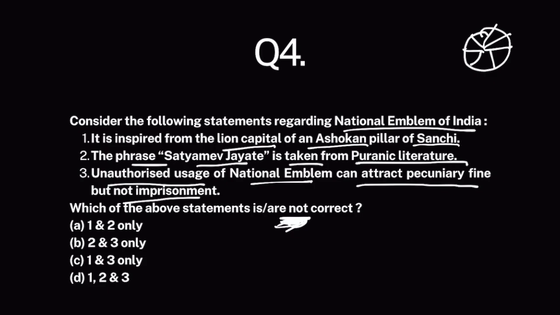Now this national emblem is inspired from an Ashokan pillar, and the top of that pillar was a lion capital: 4 lions, below them the Ashok Chakra, and 4 animals. Now, this lion capital was found on an Ashokan pillar of not Sanchi, but Sarnath. This part is false. Otherwise, the entire statement would have been correct had Sarnath been written over here.